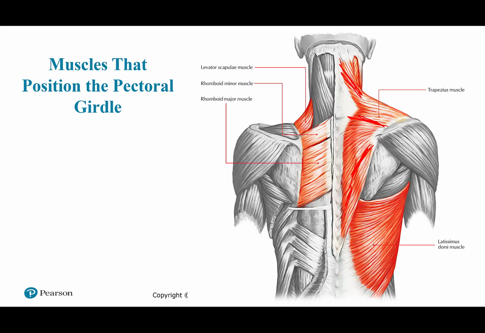So obviously, we can see that the trapezius here is a great stabilizer for the scapula, which is part of your pectoral girdle. But if you look at the fibers here, when it contracts, it pulls that way. So it makes your scapula go backward. In other words, retraction of the shoulder posteriorly.